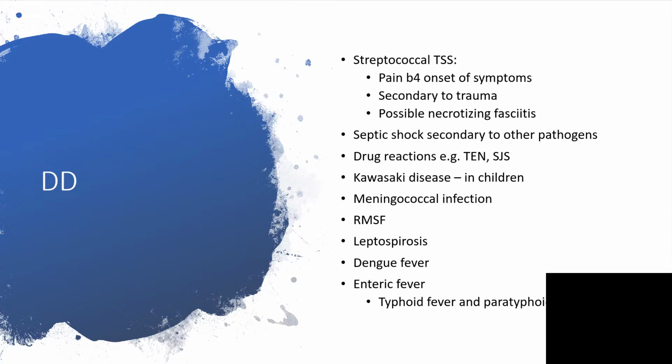It could be Rocky Mountain spotted fever or leptospirosis, where you will need to do serological tests that will come out to be negative. If this is in a region where dengue fever is possible, you need to rule that out. And of course, in another region where enteric fever, with typhoid fever or paratyphoid fever, could be possible, they must be ruled out.